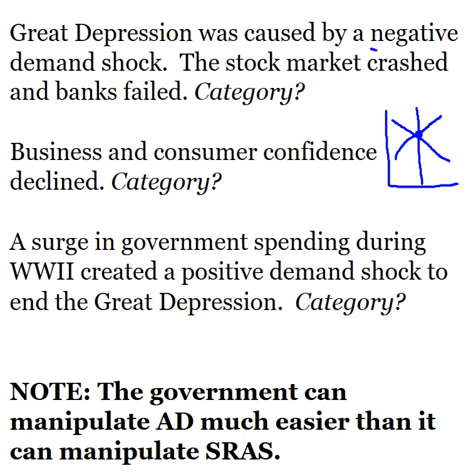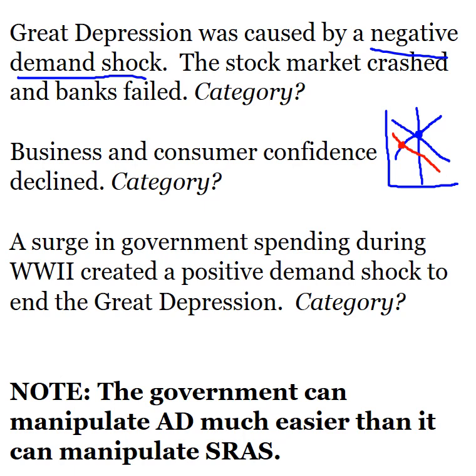Then we have a negative demand shock. Seeing negative demand shock, that tells you, first of all, which line is going to shift, AD, and which way will it shift. If it's a negative demand shock, it's going to shift to the left. Okay, so now our equilibrium is about here, where AD meets SRAS.